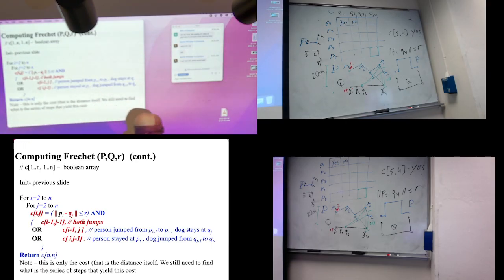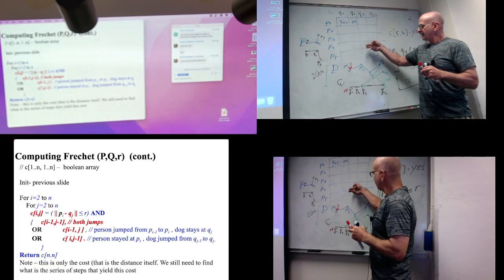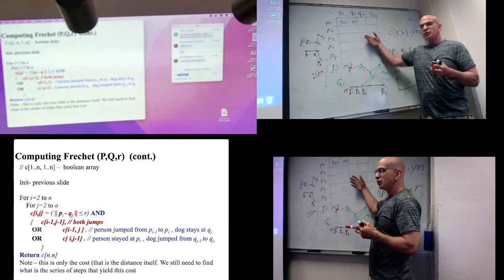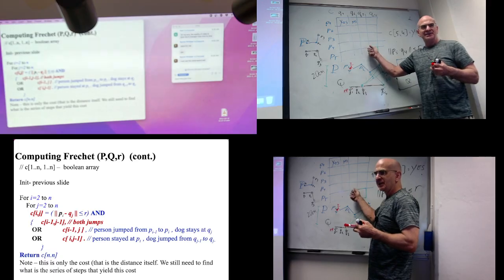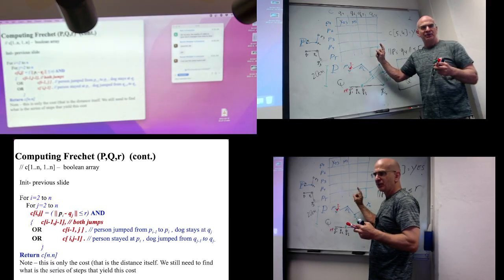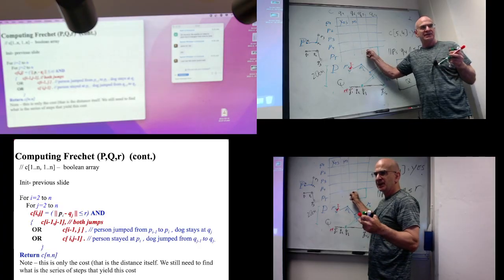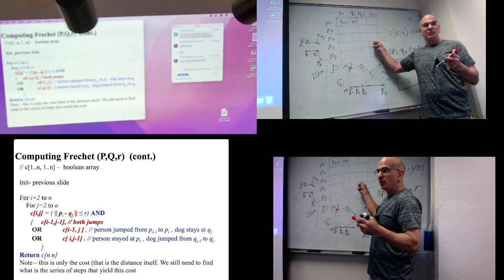When I want to know what is Cij, it's one answer that will not change however I got to this position. It's just one answer, correct or incorrect, that needs to be computed just once. If you don't understand what I'm speaking about, go back to the first class about the LCS. So I'm using the idea of memoization.